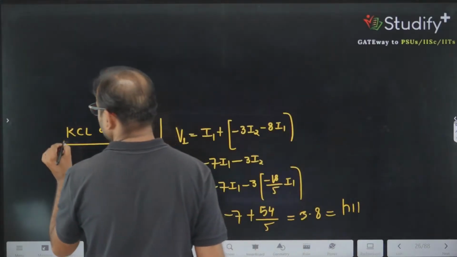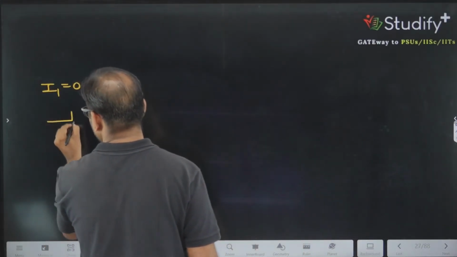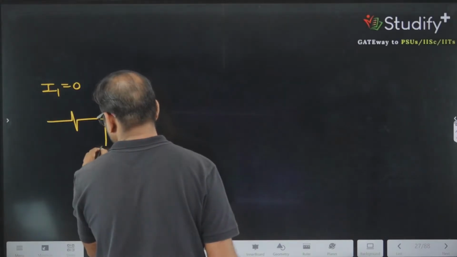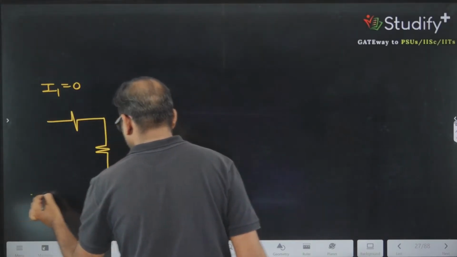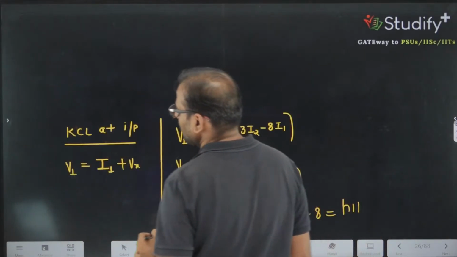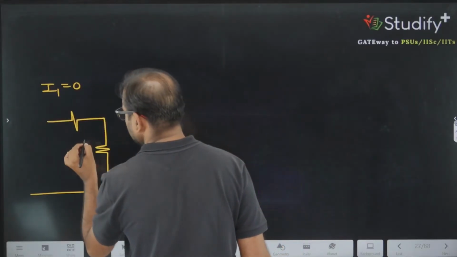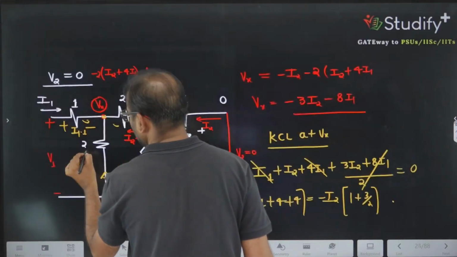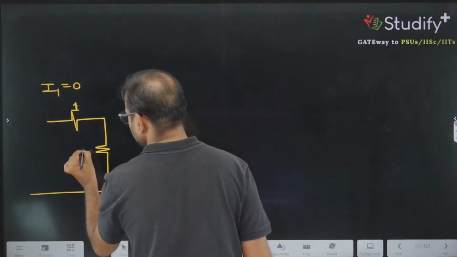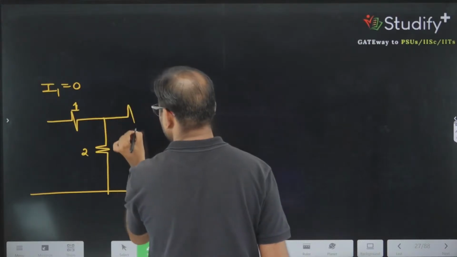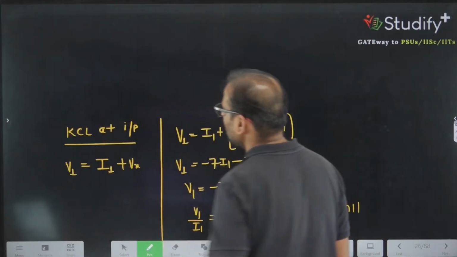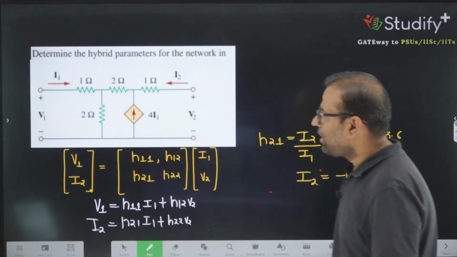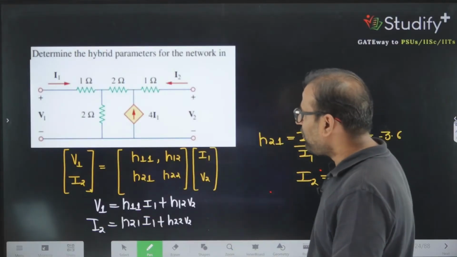This is one network, 1 ohm. This is also 2 ohm. This is also 2 ohm. Now 4I1 is 0. Why is 4I1 0?